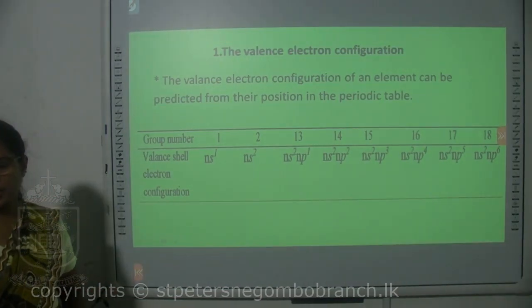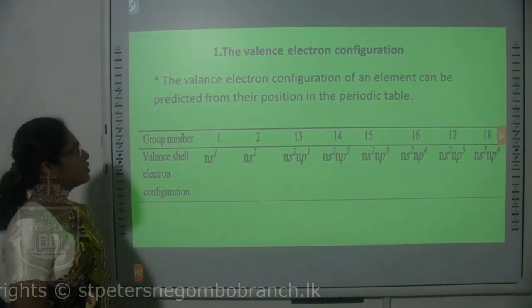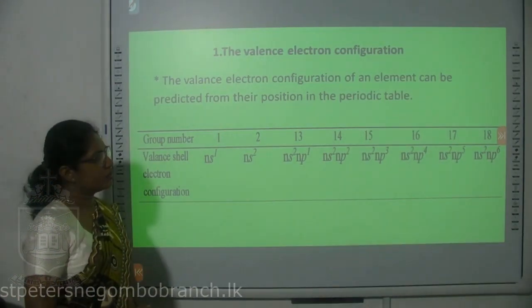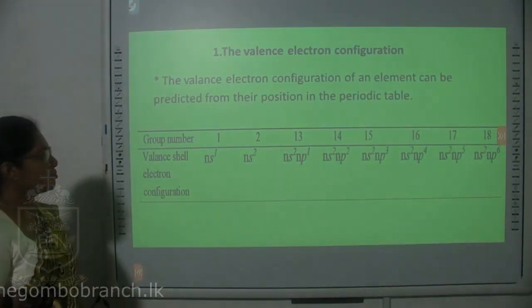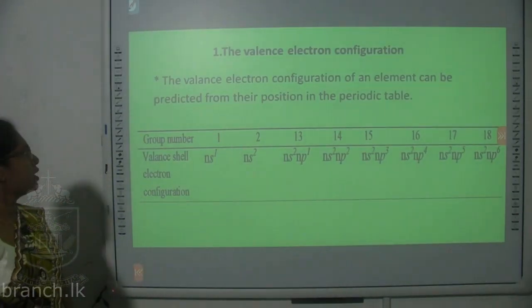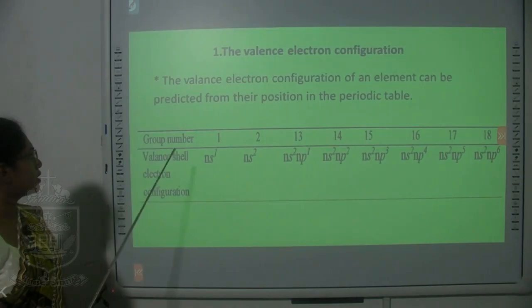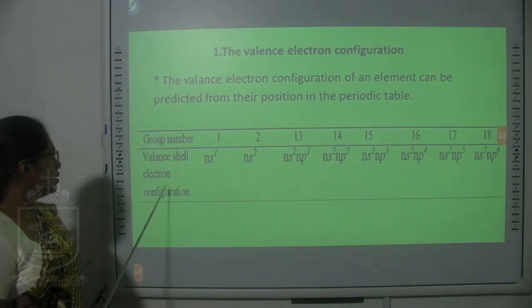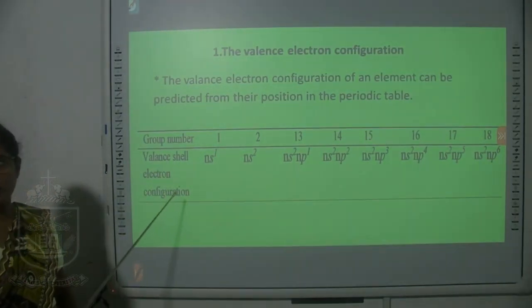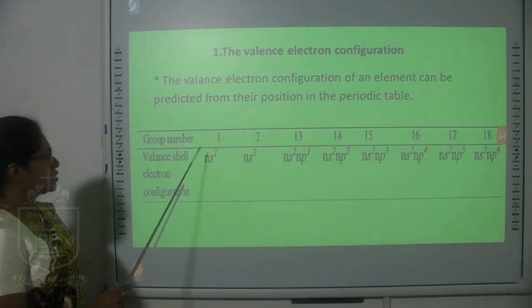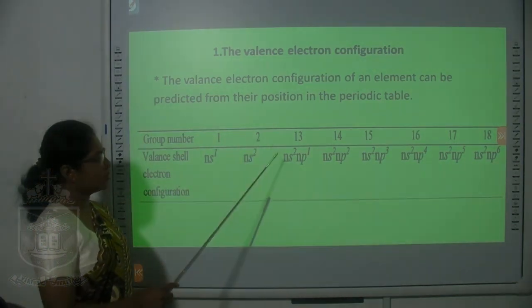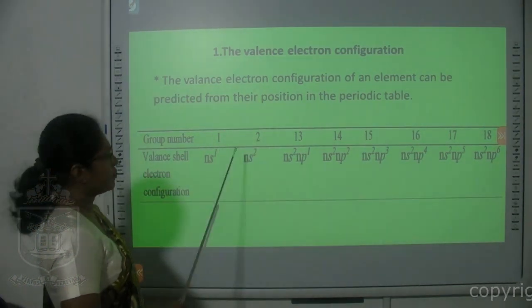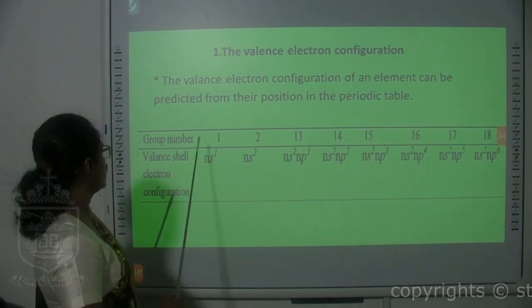First, let's take the valence electron configuration of the s and p block elements. If we check the group number and the number of valence shell electrons, we can see this pattern.